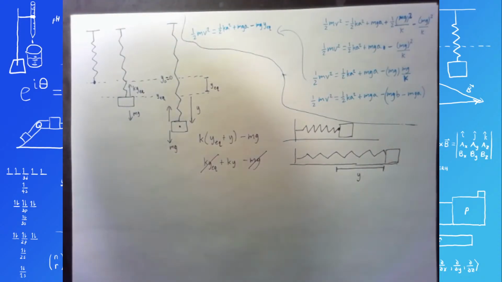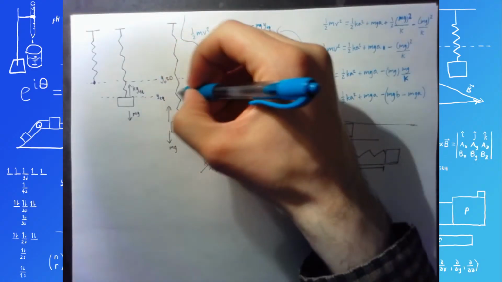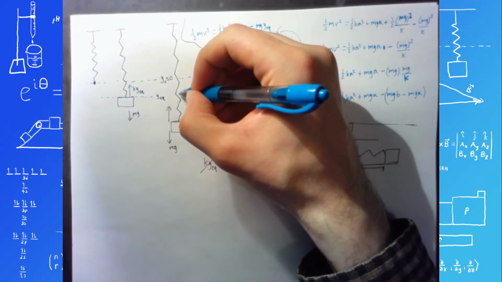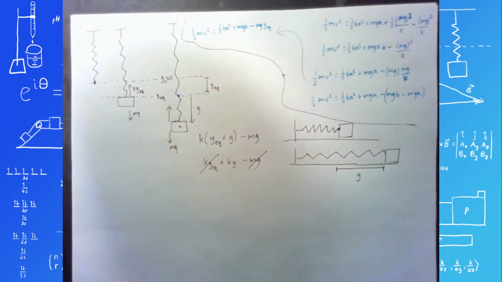I know that might not be the most convincing proof, but it at least gives you some faith that we can treat a vertical spring just like a horizontal spring by simply adjusting the equilibrium position, by treating it as if its actual equilibrium position is where the gravitational force cancels out with the spring force.